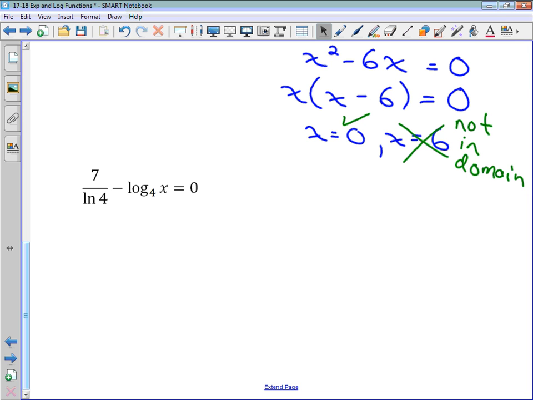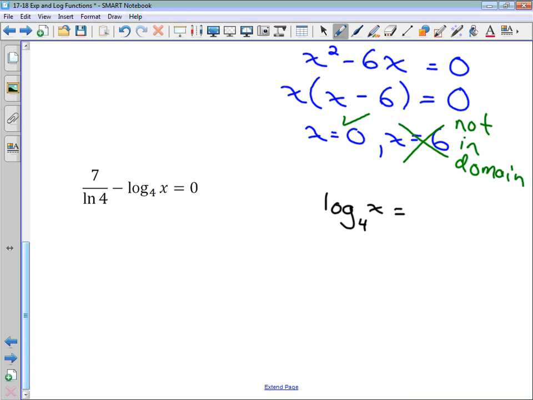So we want to take this and get our bases to be the same. This is where the change of base formula comes in. Let's take this log to the base 4 and write it as something that is log to the base e. So log to the base 4 of x. What does the change of base formula tell us that this should be?